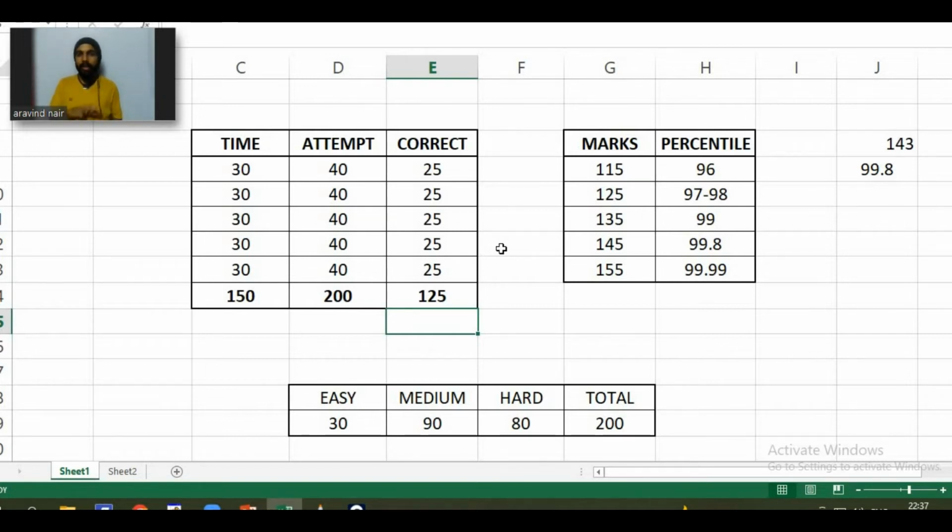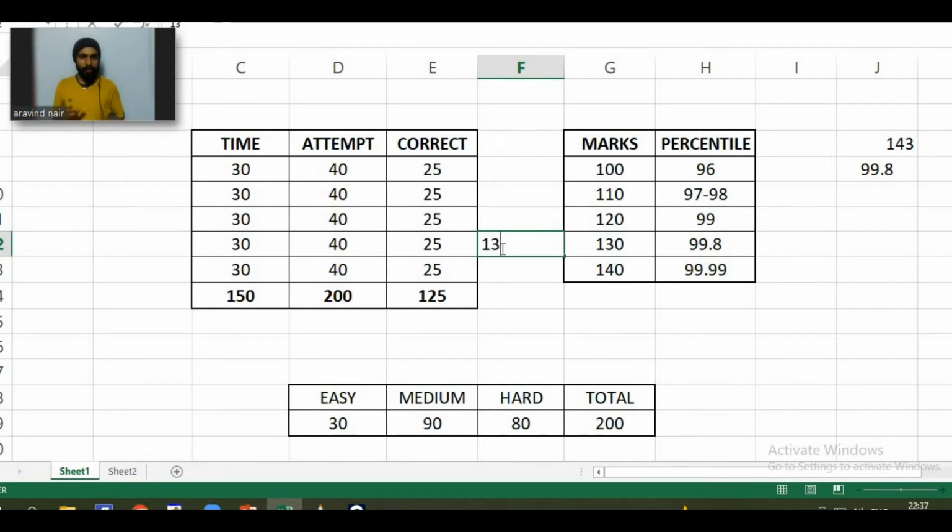Luckily I got 143, but again that is also because it was very easy. So if this was the range which I said earlier, 100, 110, 120, 130, 140, if this was the usual exam difficulty, then what 143 means for me is actually somewhere like 130, 135.